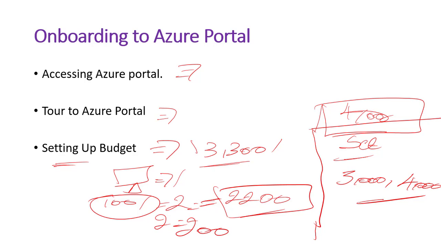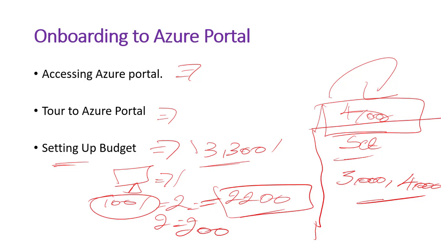Once we get the email, we can log into the Azure portal and check the cost analysis. We can drill down into which services consumed more, and whether we really consumed the resources or not, using the budget.